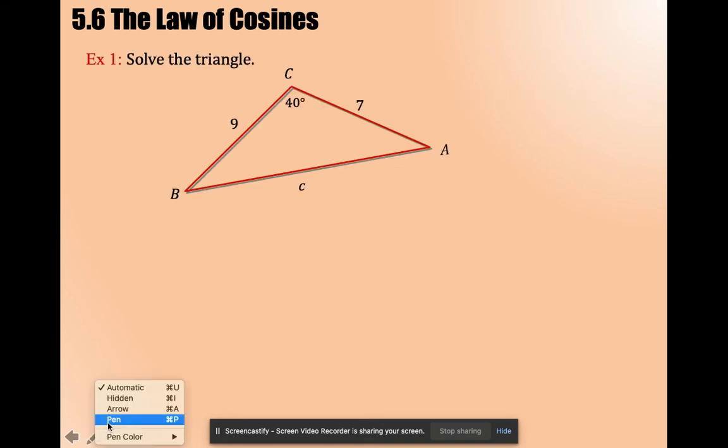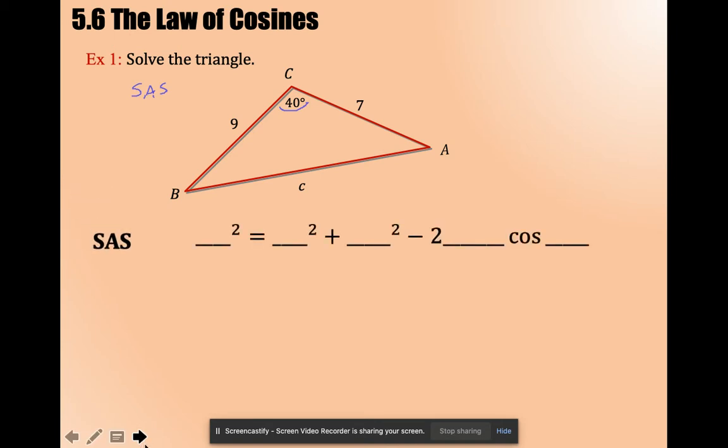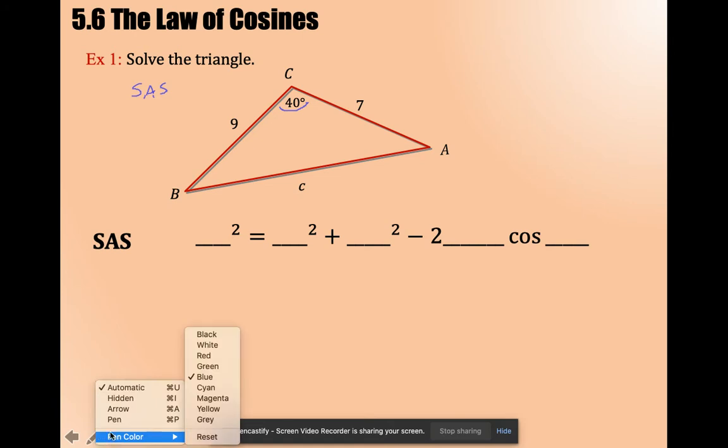So let's try this example. First, identify the situation you have. They've given you the included angle, and you have two sides. So this is the side angle side situation. This time, C is the angle I was given, and it, of course, is across from side C. So since I have side angle side, I'm going to use the law of cosines.